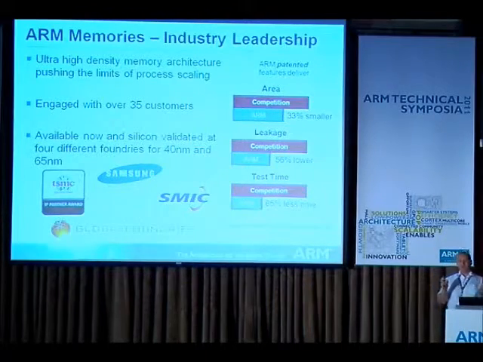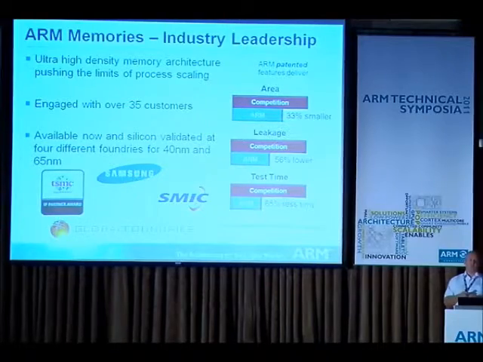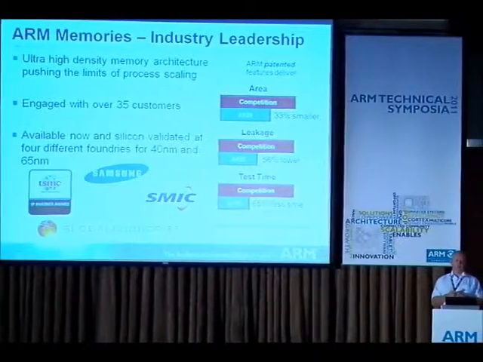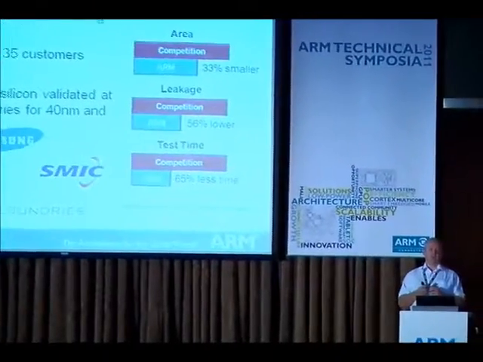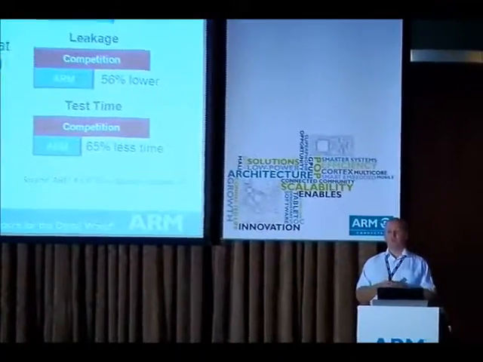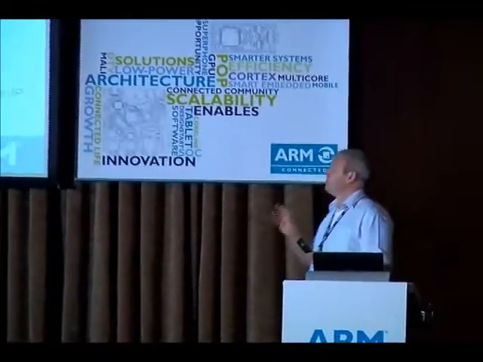If I focus down onto one of these components, the ARM memories, for example, we think we have industry leadership in that area. We have got a patented high-density memory architecture. We spent a lot of time working on this, and you can see some of the benefits that gives. So much smaller area, much smaller leakage, and as you know, in terms of lower geometry processes, leakage is rising as a contributor to total power.